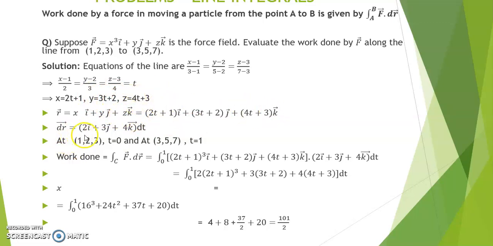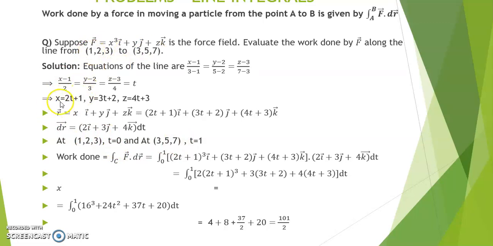So dr vector is equal to (2 i vector plus 3 j vector plus 4 k vector) dt, right? So differentiating this with respect to t, very important, I am getting 2, 3 and 4. Now I need a common limit for t, right? In place of x, I can substitute 1 first and then 3.